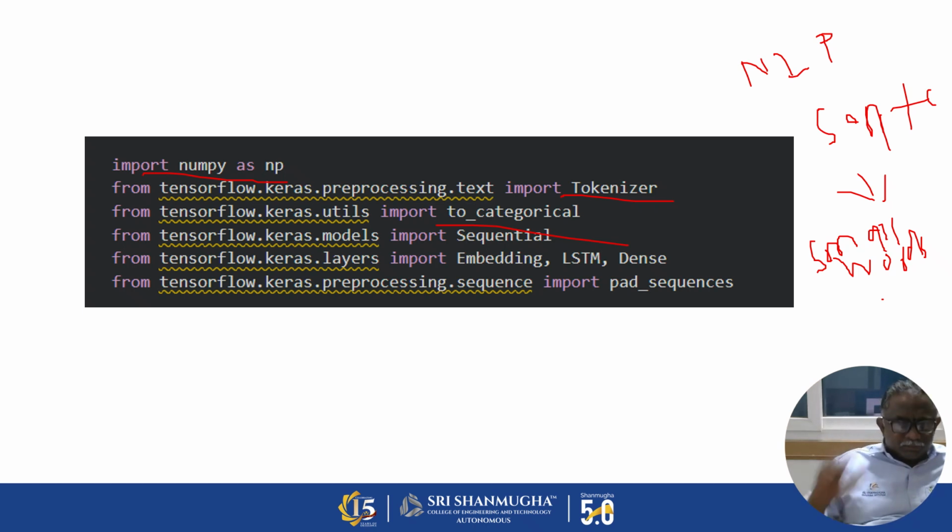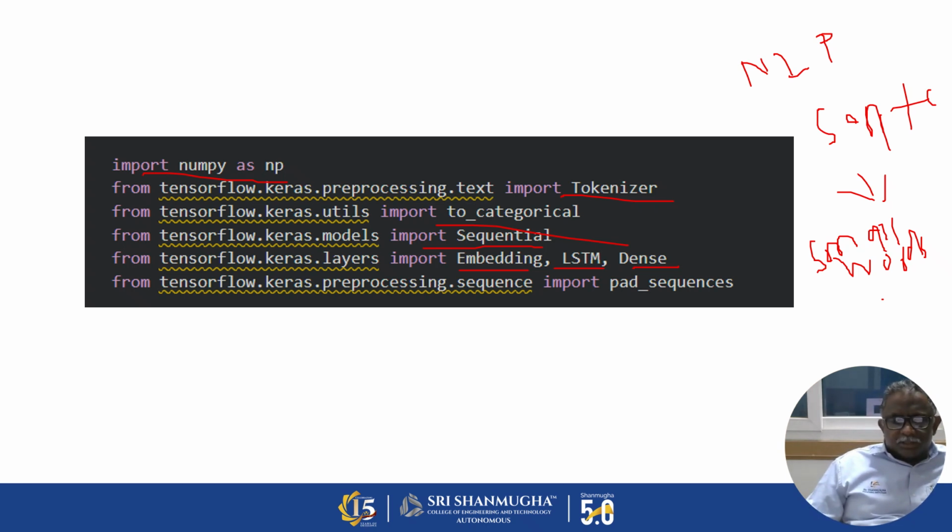Since we work on a sequential neural network, we have to import Sequential from Keras. We also import Embedding, LSTM, and Dense from Keras. Embedding tries to convert words into vectors, LSTM is the model we are going to use to predict the next word, and Dense is used to predict the next word.